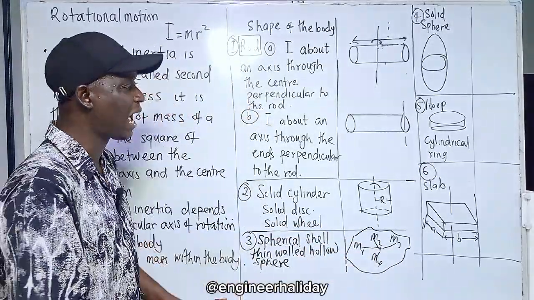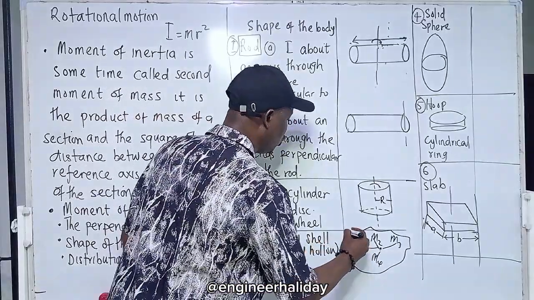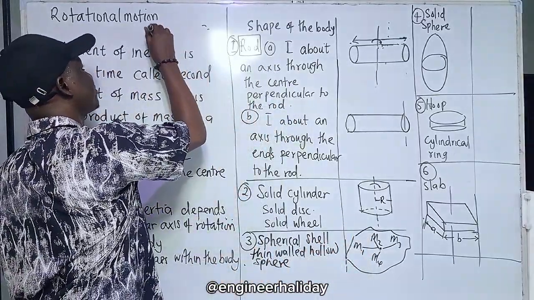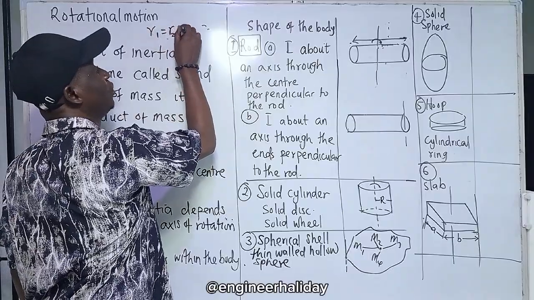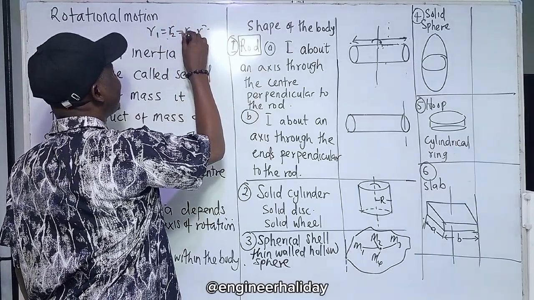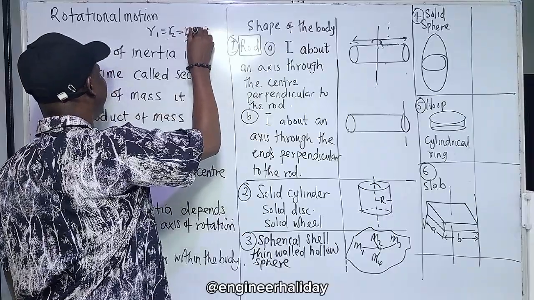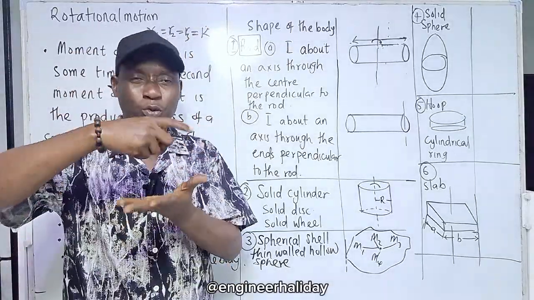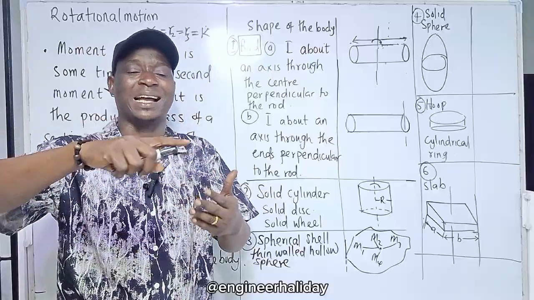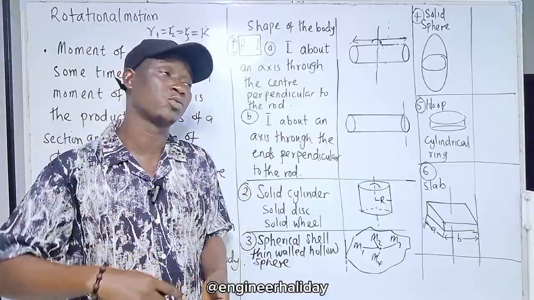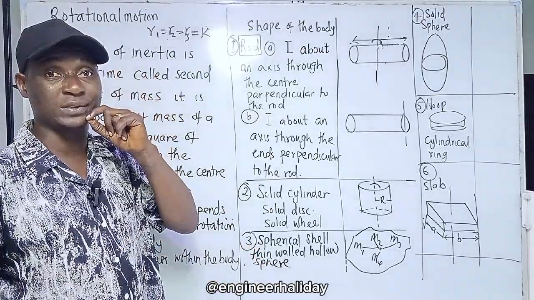Now you arrange R1, R2, R3, R4 in such a way that R1 is equal to R2, equal to R3, equal to K. This K, a common distance about which they will rotate about the center, is what we call the radius of gyration.